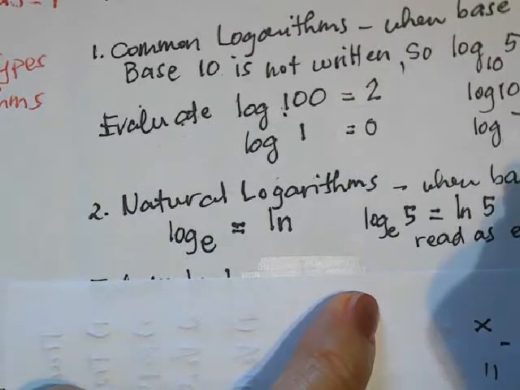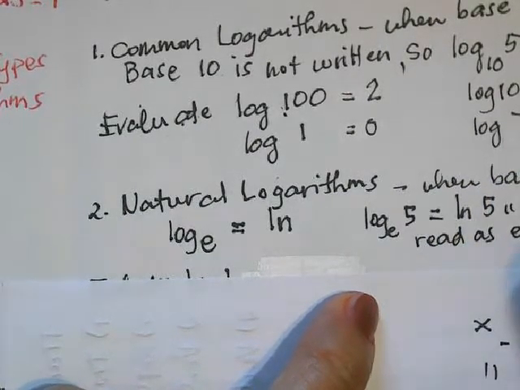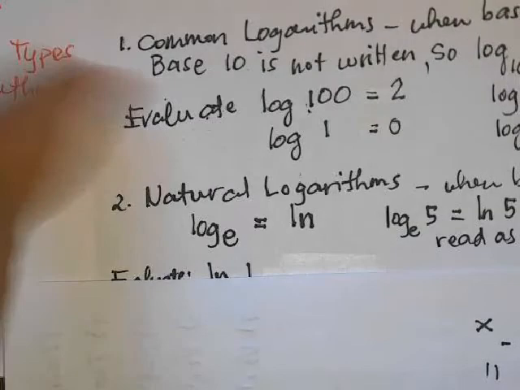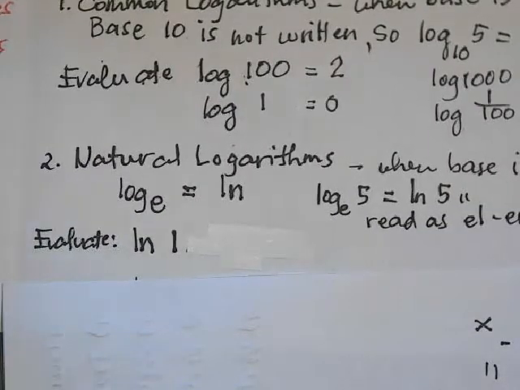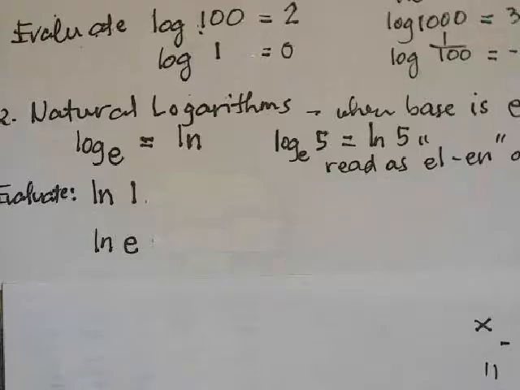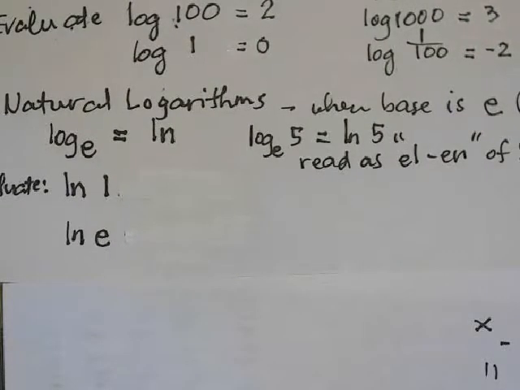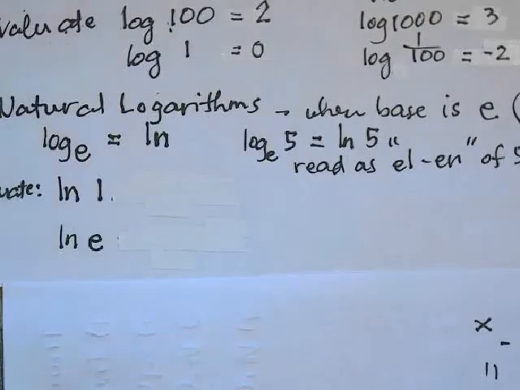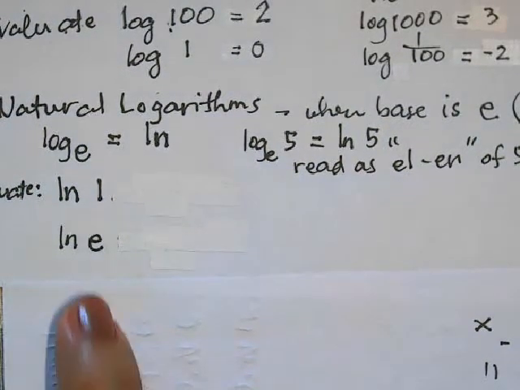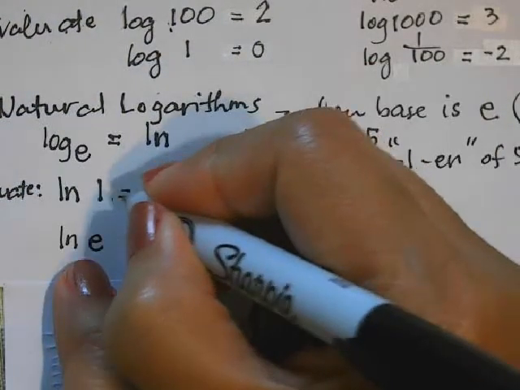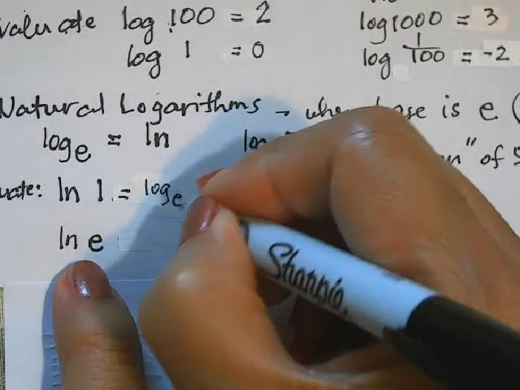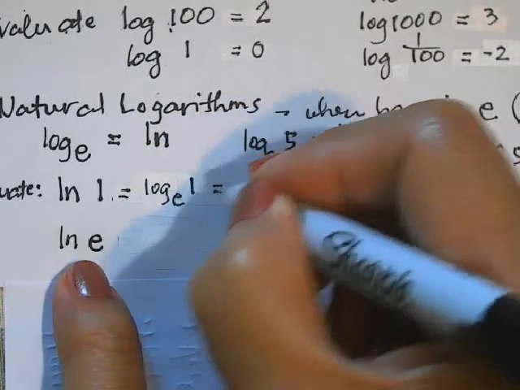Read as ln of 5. Just read the letters. So can we evaluate ln of 1? What is ln of 1? What's the value? Write it as log base e of 1, maybe you'll see it better.